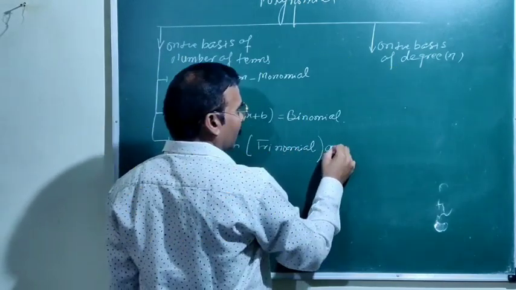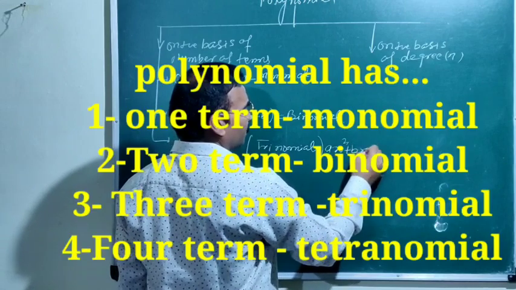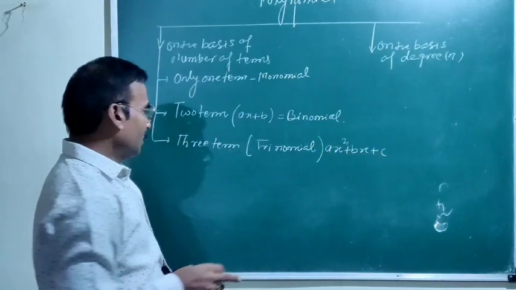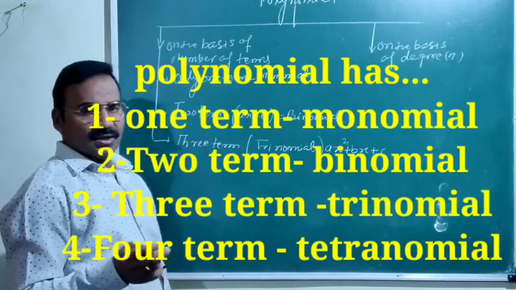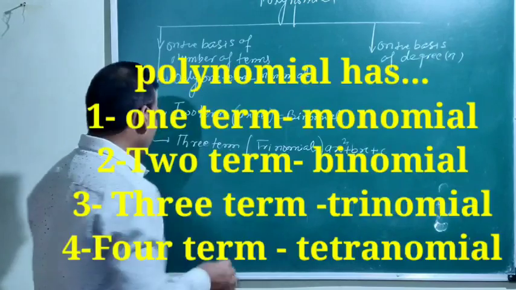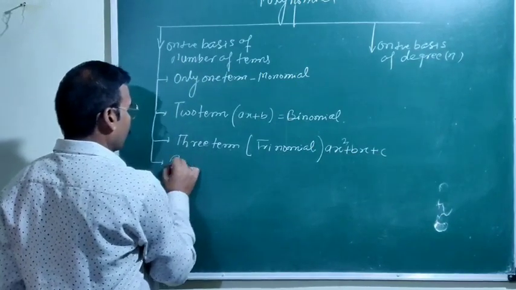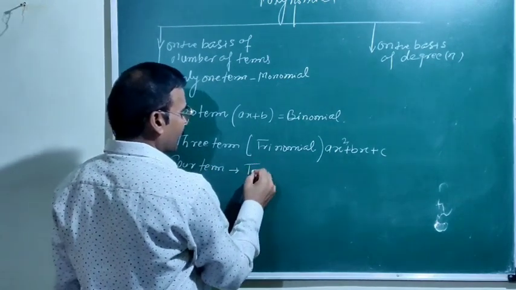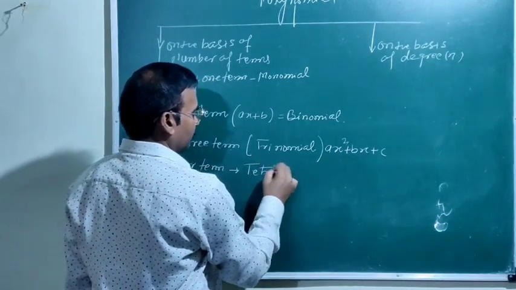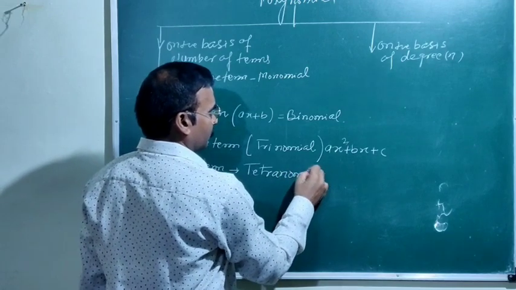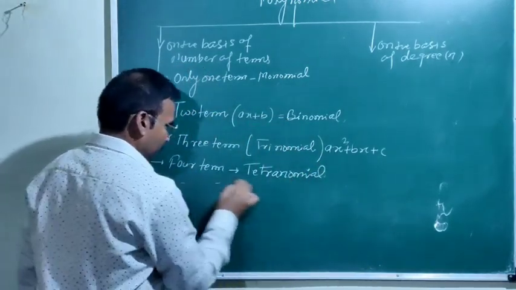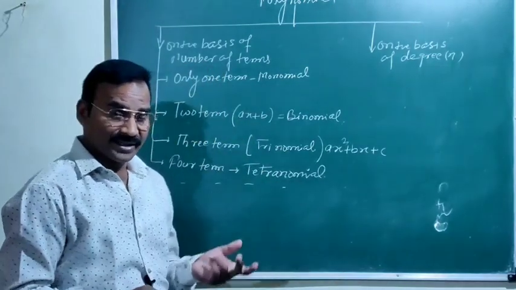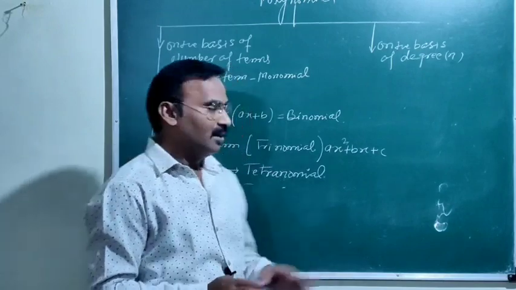For example, ax square plus bx plus c, first, second and third, there are three terms in this polynomial, that's why this is trinomial, okay. Now four terms, this is tetranomial. And if there are five terms, it is pentanomial. If there are six terms, it is hexanomial, okay.